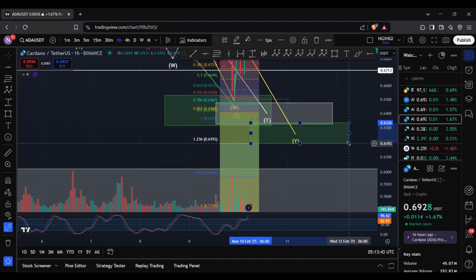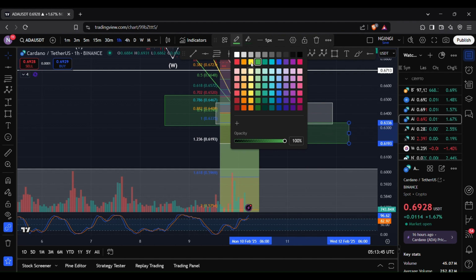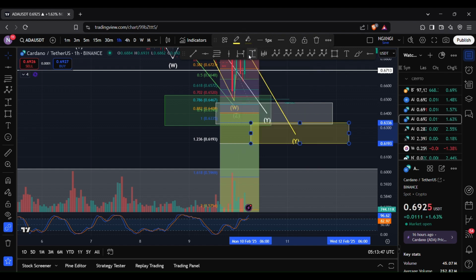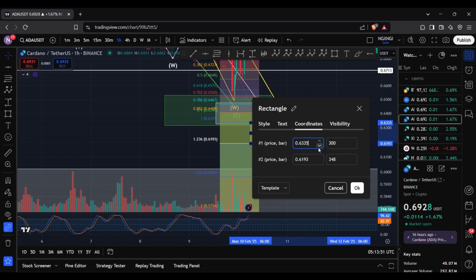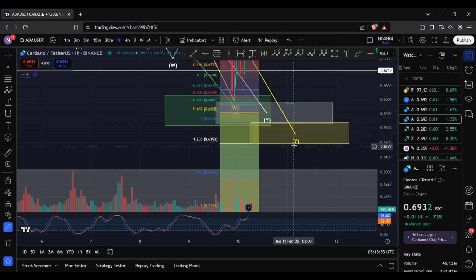Like so. There we have it. That's our wave Y target.